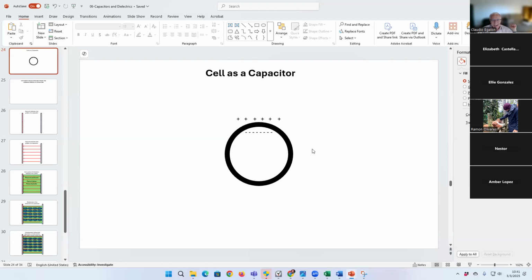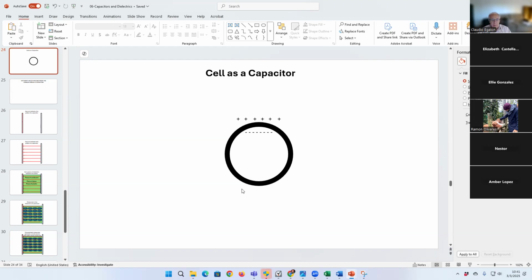It's amazing how nature came up with its own capacitor, its own electrical devices. It's amazing. There are many devices invented by Mother Nature that behave like a transistor, like a semiconductor device, like a capacitor, and so on.